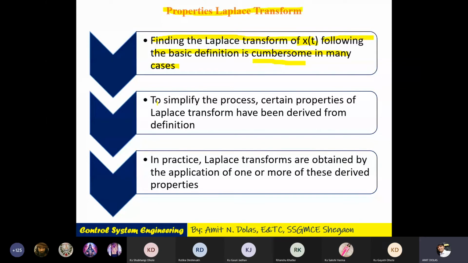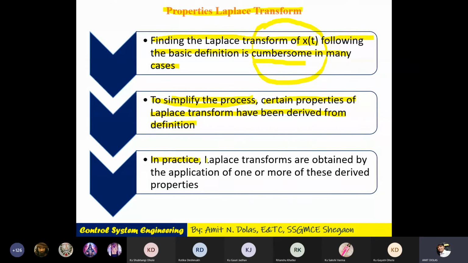To simplify the process, certain properties of the Laplace transform have been derived. You may have learned the properties of Laplace transform. Why are those properties there? Sometimes putting x of t into the definition and solving it is quite difficult. So to simplify that, some properties are defined.